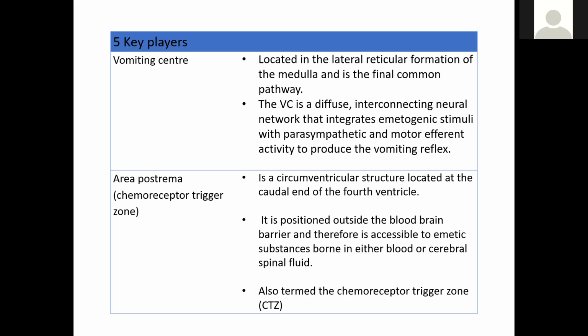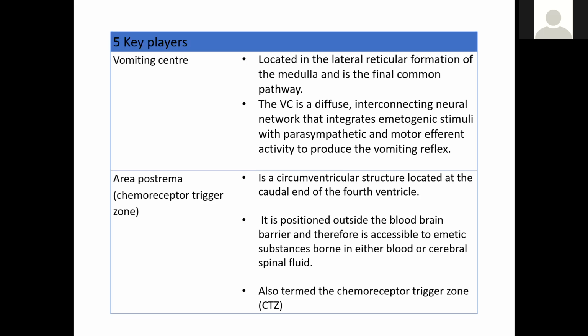The second thing would be the chemoreceptor trigger zone. You might have heard a lot about the chemoreceptor trigger zone. Why? Because all the chemotherapeutic agents will induce vomiting through the CTZ, or many of the drugs in the blood will act through the CTZ. Why? Because it is positioned outside the blood-brain barrier, so it is accessible to many emetic substances, either from the blood or in the CSF.